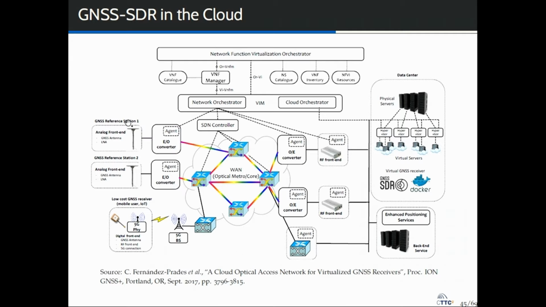We injected that in a real optical network. And on the other side, we have this optical to electrical converter. We have radio frequency again. Then we have a radio frequency front end, and then the samples can be injected into a data center. This could be a setup for static reference stations, because you need a connection to an optical network, so you cannot move.